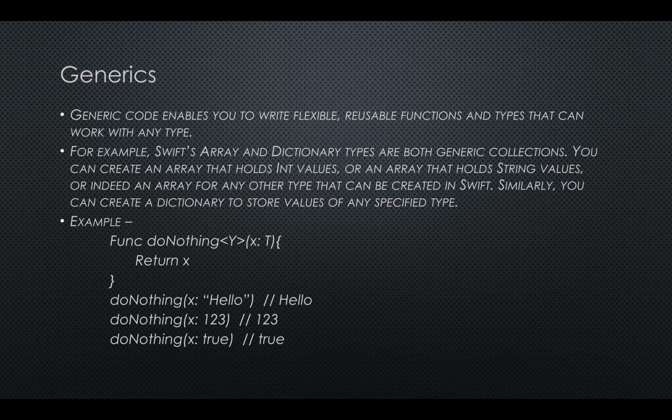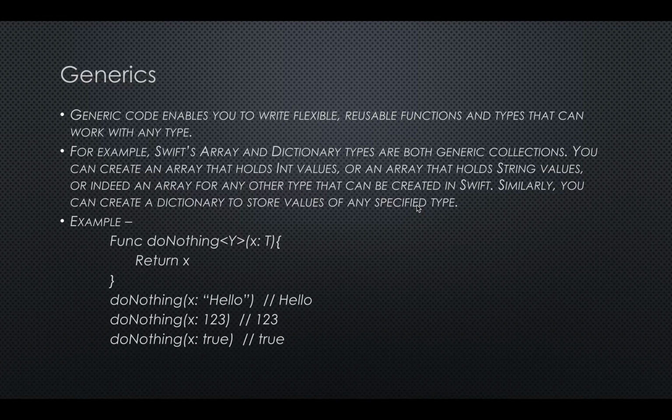But if you want to make it generic, generic means making your function generic so that it can accept any data type. Like it can accept a string, a boolean, an integer, it can accept even some kind of object.